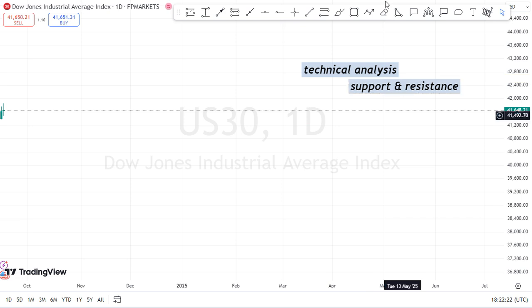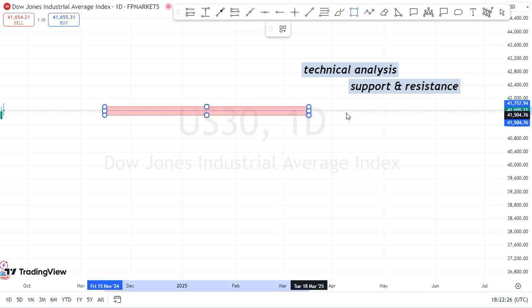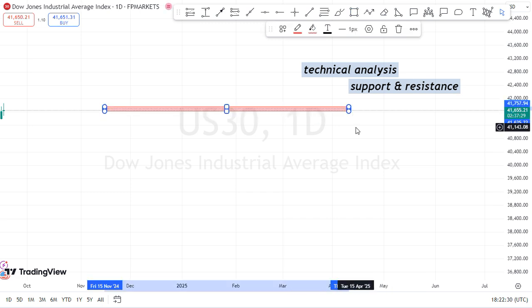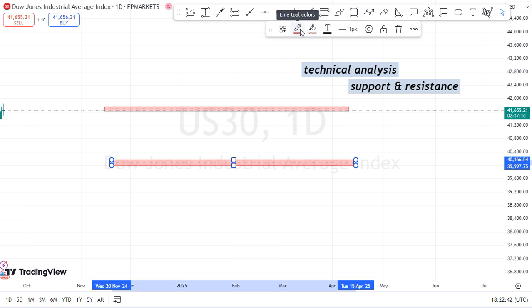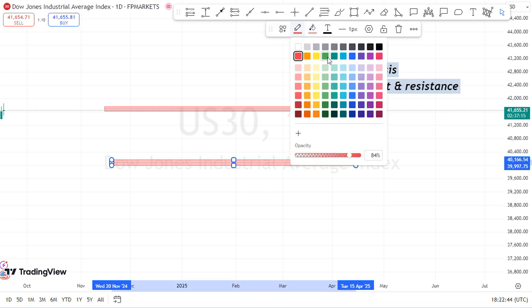Okay, support and resistance. I'm just going to illustrate it with something like this, and something like this. This one I'll make green.